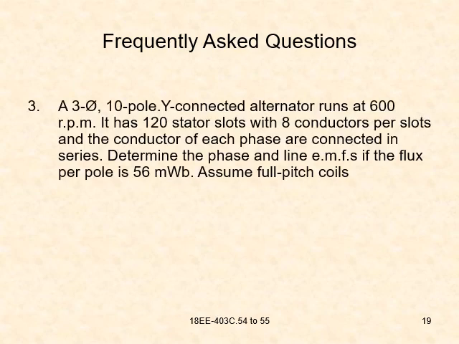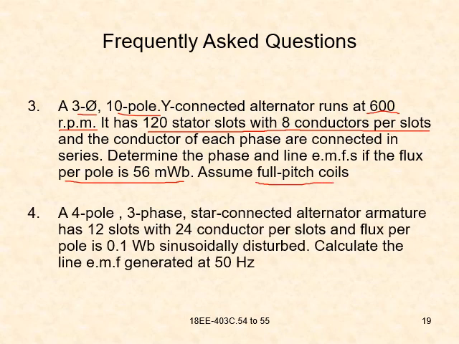There are some more problems also. A three-phase 10-pole star connected alternator runs at 600 rpm, and it has 120 stator slots with 8 conductors per slot, and the conductors of each phase are connected in series. Determine the phase and line EMFs if the flux per pole is 56 milliwebers, and assume full pitch coils.